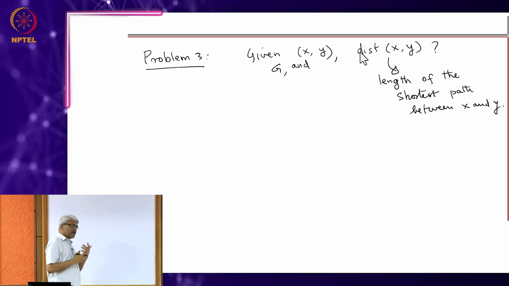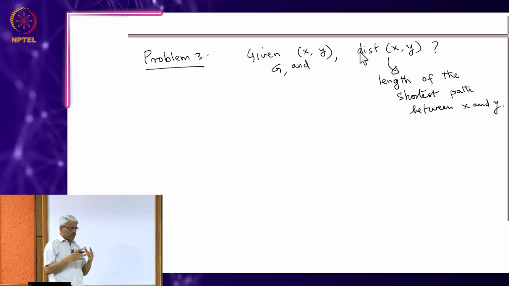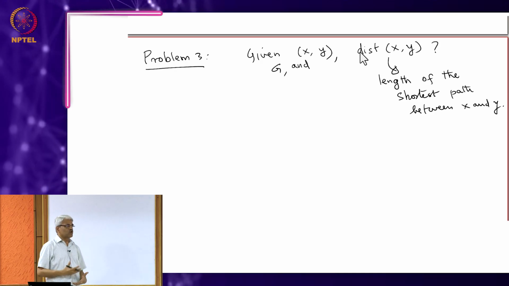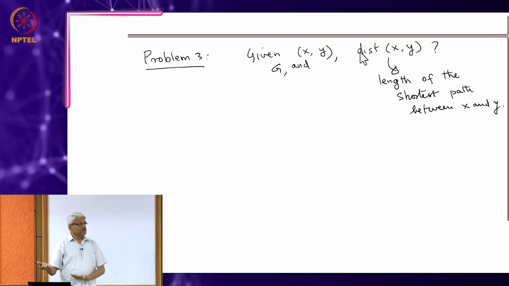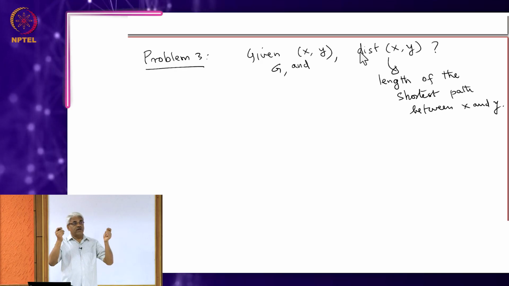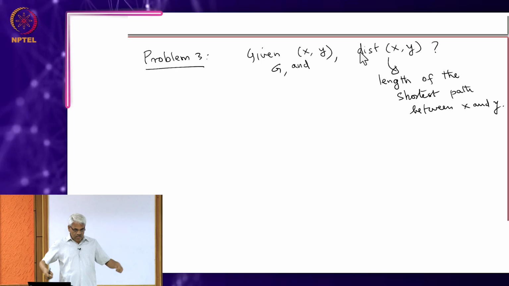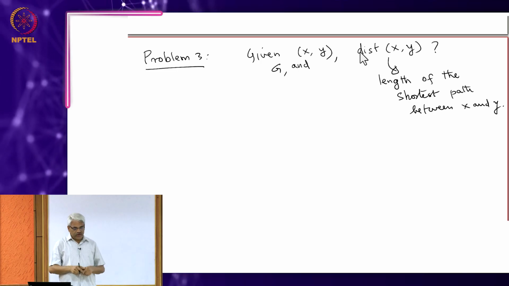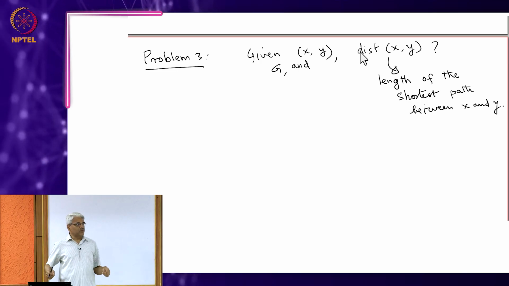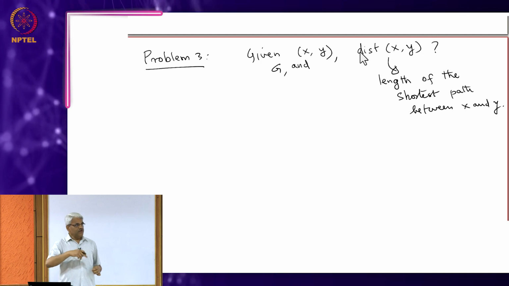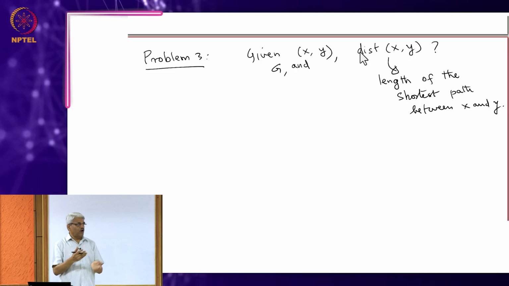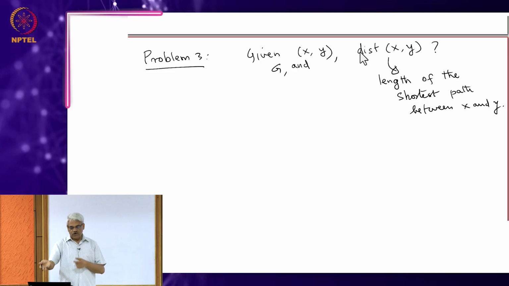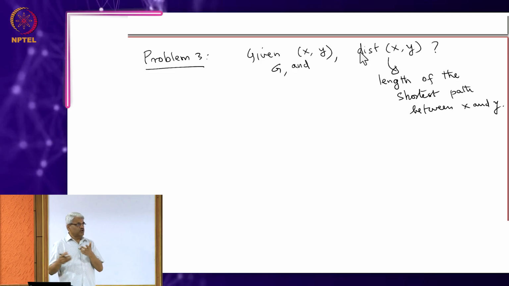So even if I remove one edge of the original graph and store a smaller subgraph, I may not be able to answer this. In particular, you don't know what x and y are, and suppose you've removed an edge of the shortest path between x and y, then maybe the new shortest path will not be exactly the shortest path between x and y. There is a unique shortest path.